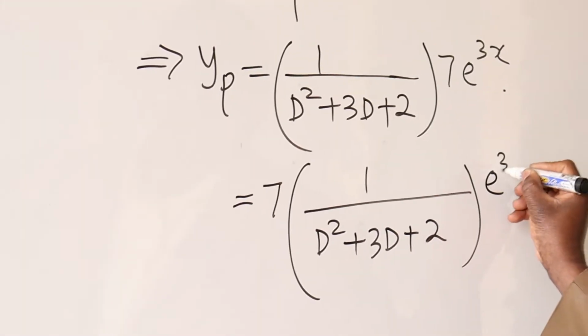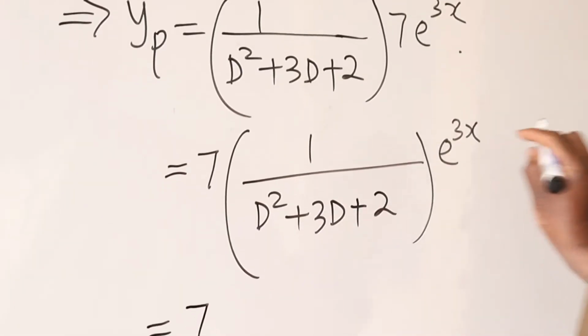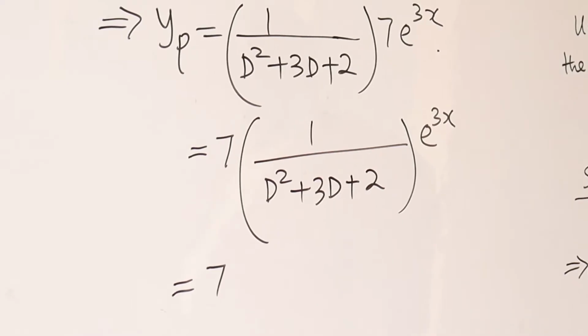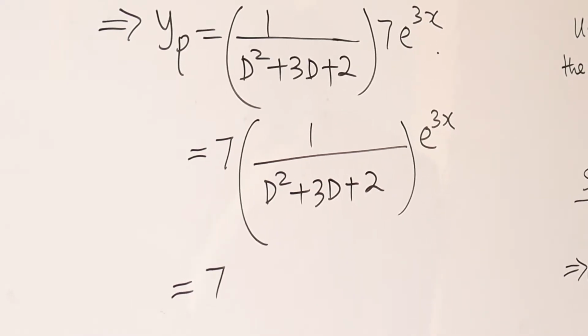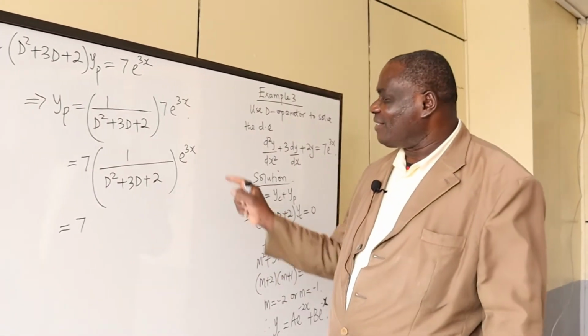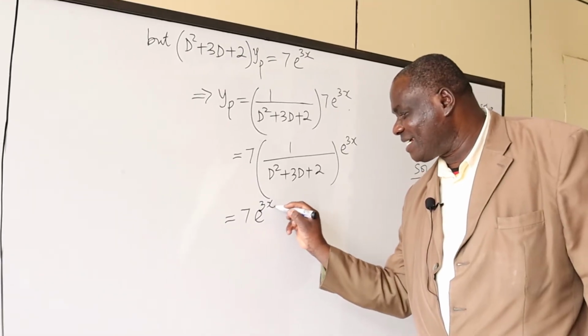multiplying exponential 3x. Now because this is a pure exponential function, we will use Theorem 1, which says what? Where there is a d, you insert the a. So this exponential will pass, e power 3x.